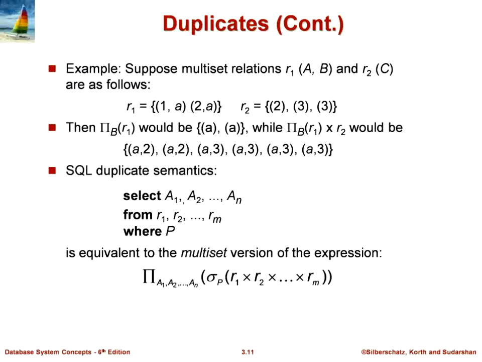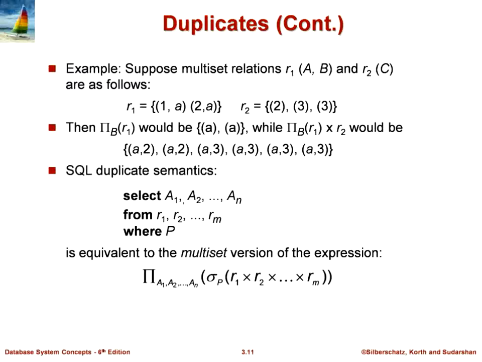Suppose multiset relations R1 and R2 are as follows. This is R1, with tuples 1,A and 2,A, and this is R2. Then the projection of B on R1 would be A, A, while the projection of B on R1 cross R2 would be A2, A3, A3, A3, and A3, because A appears twice here, so you repeat it with all the attributes over there.